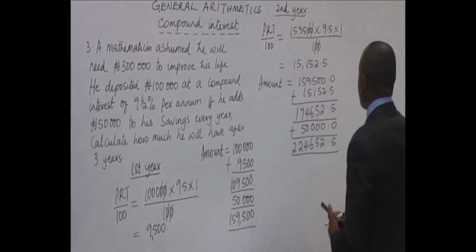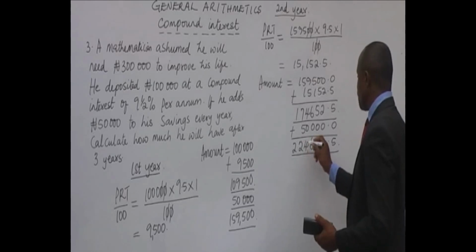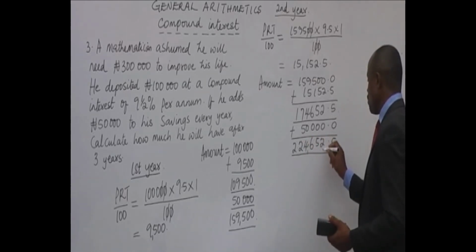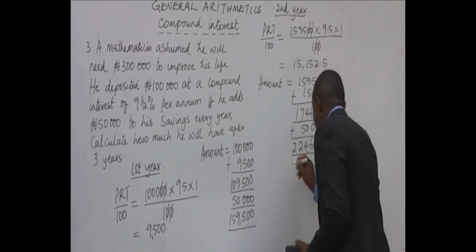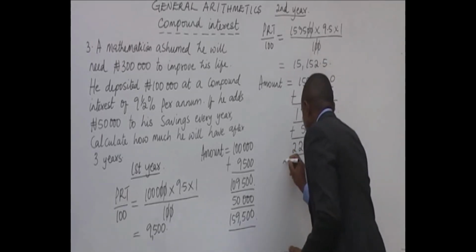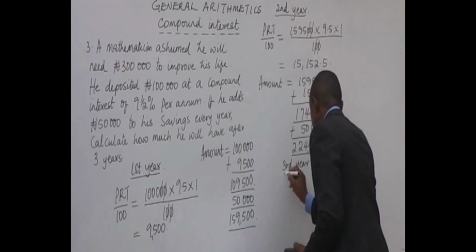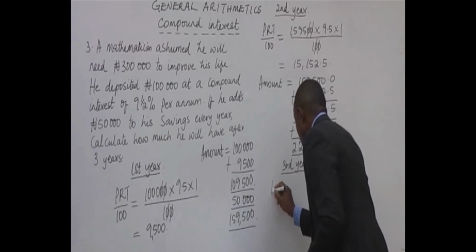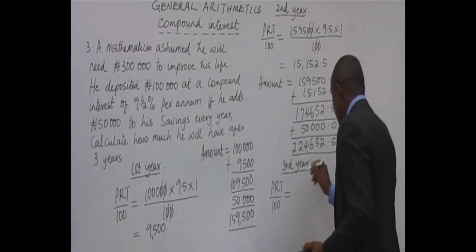So after the second year, the mathematician will have 224,652 naira 5 kobo. Now this is going to be the principal for the third year. So let's enter the third year. Our PRT all over 100 for the third year is going to be, this is going to be our new principal now.